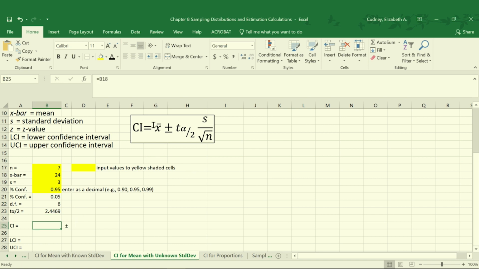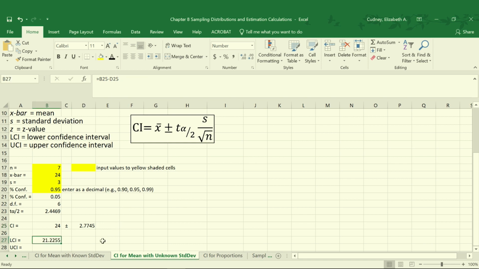Now we have all of the information for our calculation. The first part of our calculation is going to be our x bar value, which is 24. And then we're going to calculate our t for alpha over 2, which comes from cell B23, which was our value of 2.4469. We're going to multiply that by our sample standard deviation, our value of s, which was 3, and we're going to divide by the square root of our sample size, which was 7 in cell B17. Once we have this, we can calculate our range then.